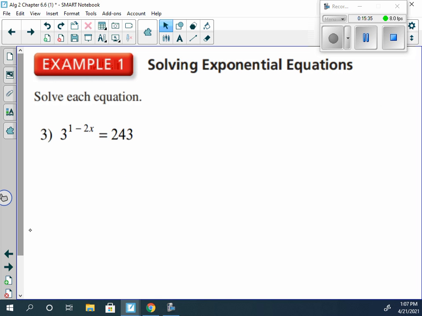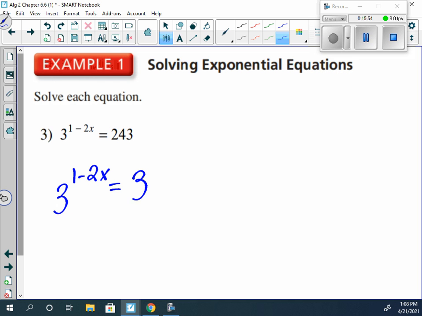Let's look at this one here. Now this one here, just like with the first one we dealt with, we don't have like bases, because one of the bases is 3 and the other is 243. So if I were to solve this like we've been solving it, I really want to be able to write 243 as 3 to a power, 3 to an exponent.